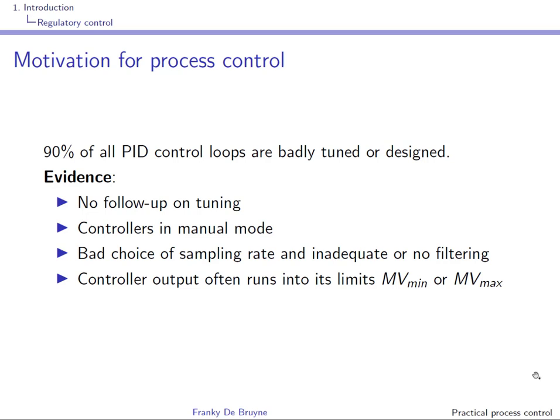And finally, you'll find lots of controllers that run into the limits MV min and MV max. So either they are saturated most of the time, or the value MV goes from MV min to MV max and back all the time. And this can be the sign that there is a tuning problem or that there is an actuator sizing problem.